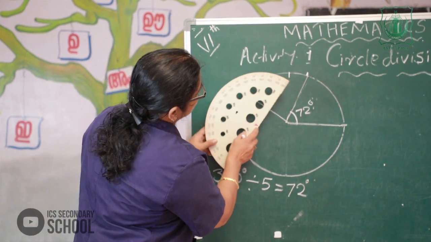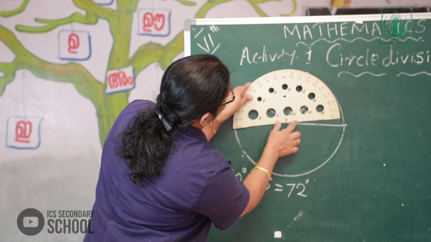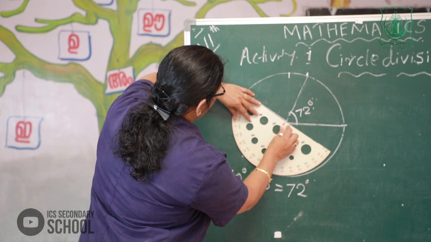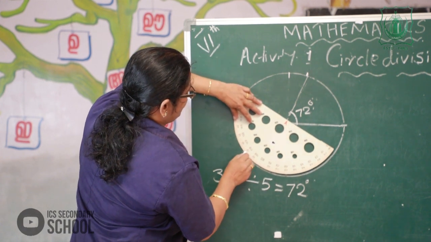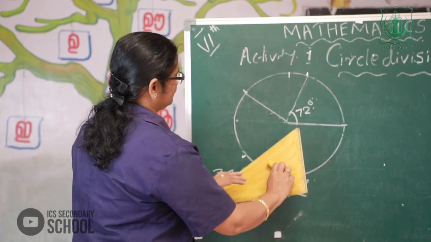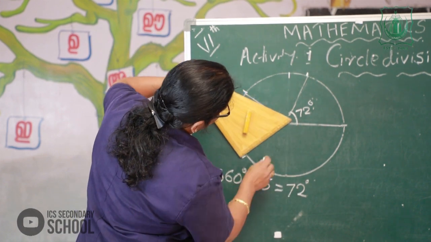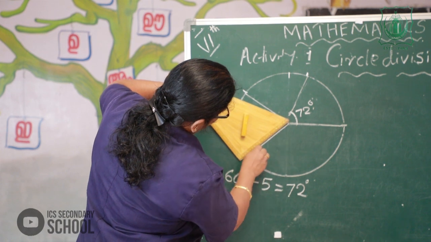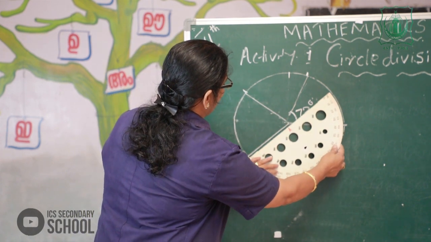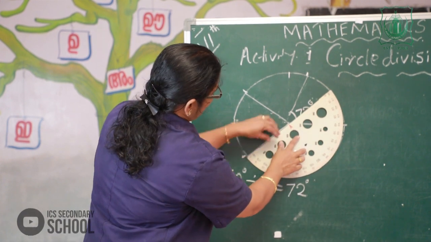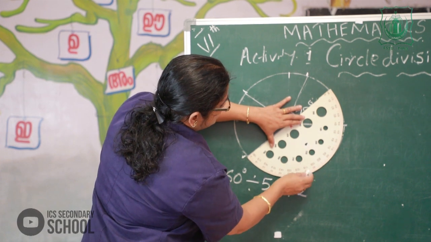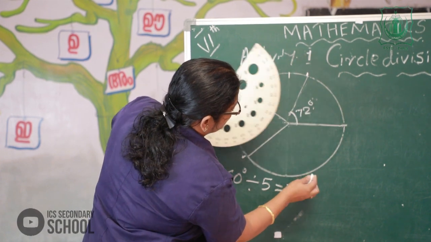And next, place the midpoint of the protractor on this line and measure 70, 72. Draw a line and measure with the midpoint of the protractor, reading the outer scale, 70 and 72.